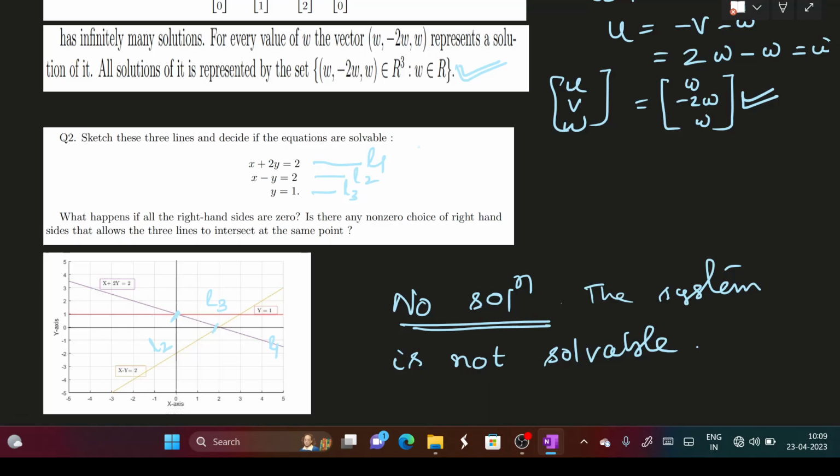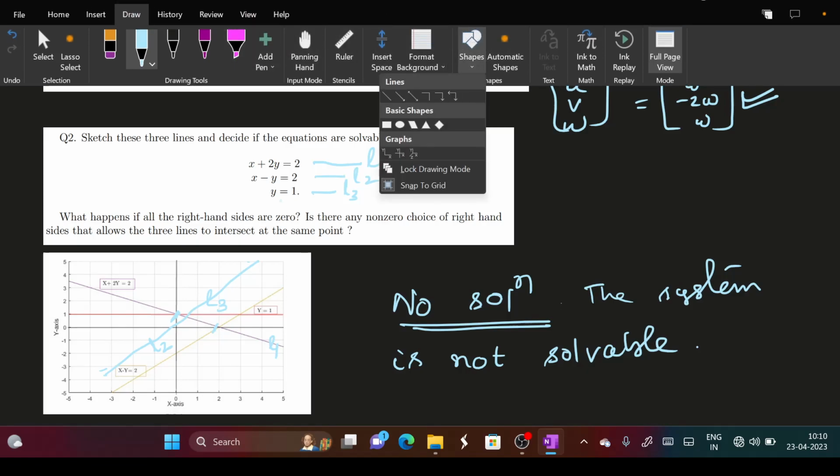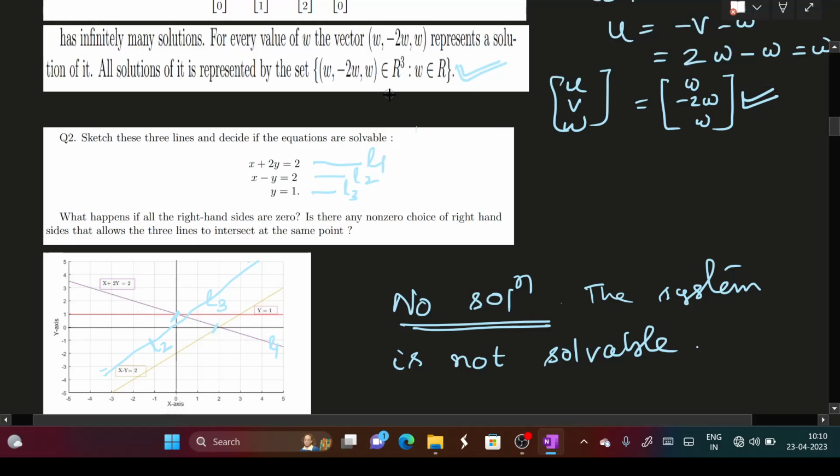In that case, this yellow straight line will move and pass through 0, parallel to the existing straight line. Similarly, I will get another straight line passing through the origin, parallel to L3.